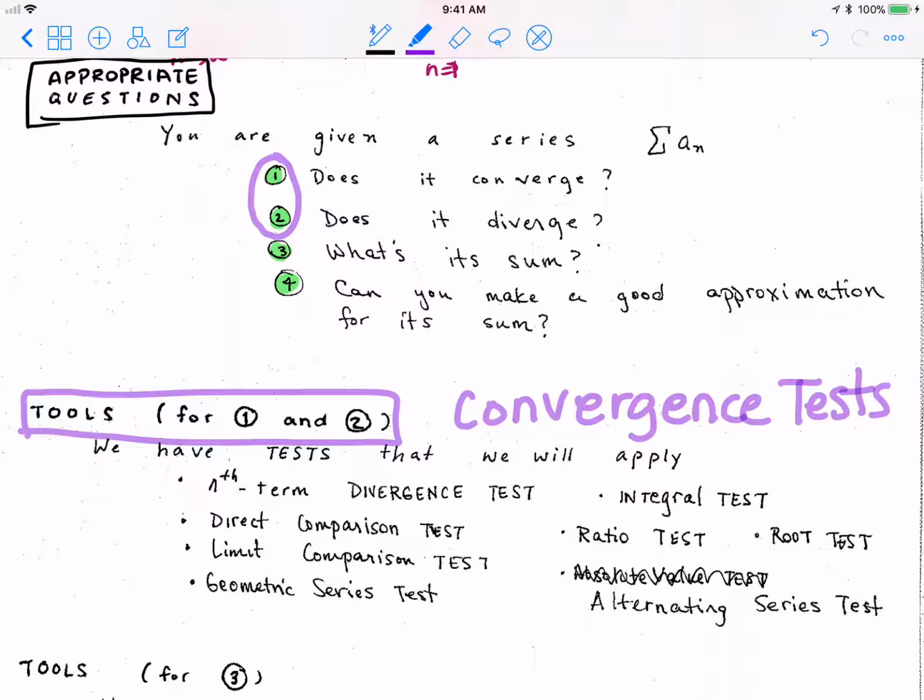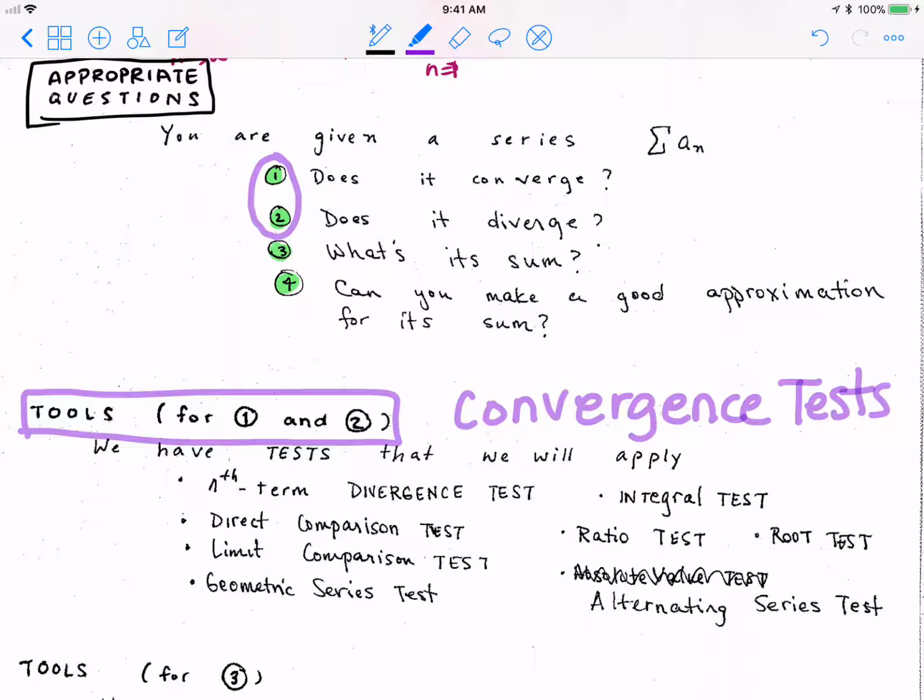That's going to be the issue, and what you're going to have to work on and practice, because you've got all these different tests. Sometimes you'll use a test and it'll be inconclusive, and you'll need to use another test. This is very similar to integration methods, where we've got 5 basic methods, and sometimes one method works and sometimes it doesn't, and you have to try a different method.